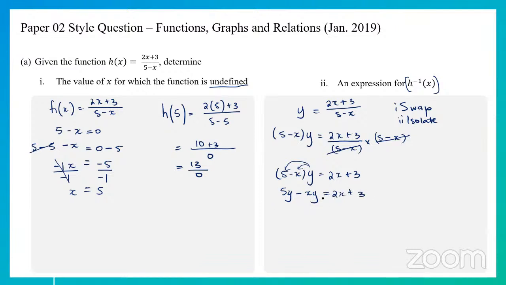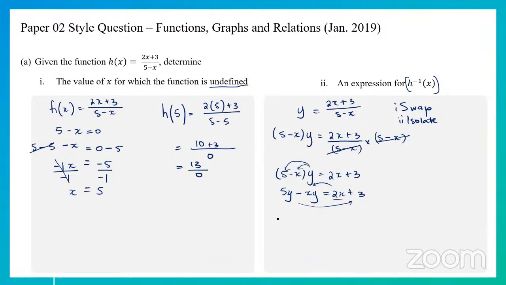All right, so with that said, once again, remembering the goal, getting x by itself. I have x on this side and I have x on this side as well. So I want all of my x's to be over here and everything else to be on the next side. So what I'm going to do is transpose twice. I'm going to bring over the 2x over here, and I'm going to bring the 5y over to the next side. Now, this part is up to you, however you feel it is best to do it.